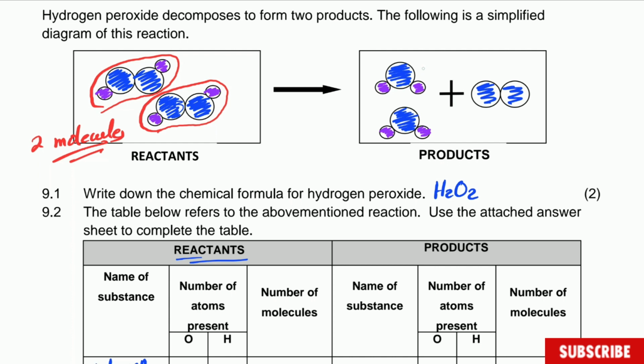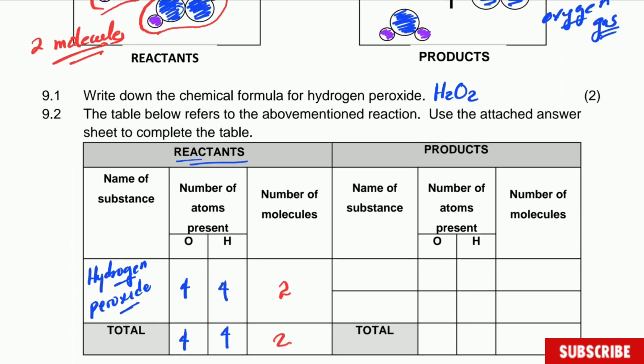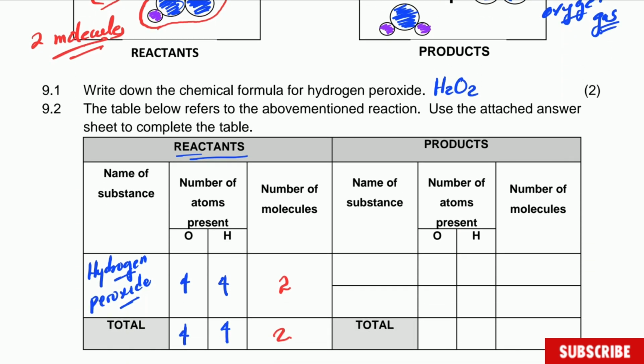So this one here is H2O, 1 oxygen, 2 hydrogen, and you know it is water. And here is 2 oxygen, so it is O2, and it is oxygen gas, because oxygen is a gas at room temperature. Okay, so that is all, guys. So for the name of the substance, we have water and we have oxygen.